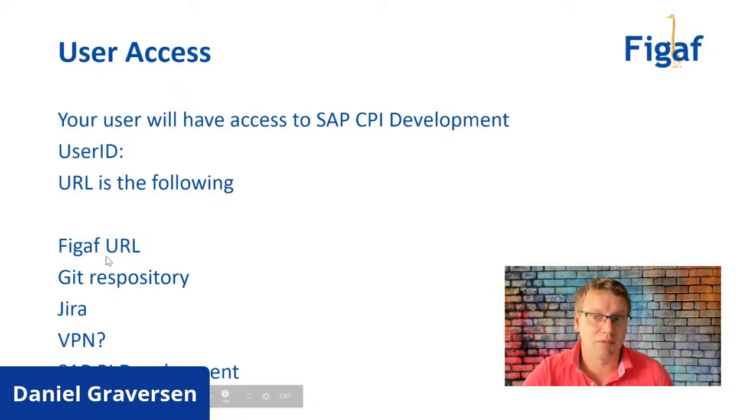If you're using any Git repositories, ticketing system like Jira, VPN, or PI systems, all of these different things, really the more you can say, this is our standard way of delivering content, please work in this way. And then give users, these are the options you need. Citrix URLs, all these kind of things that people need to get started.